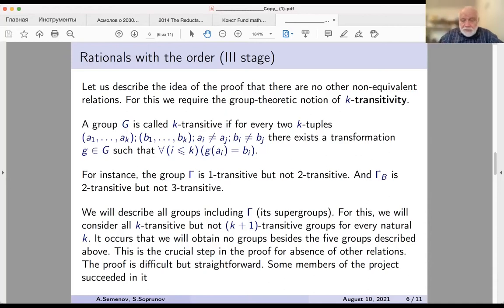But if you take gamma B, it is 2-transitive, so we can transform any two rational numbers into any other two. But it's not 3-transitive, just because if a number is between two others, it still is between two others. So we cannot just put it outside.